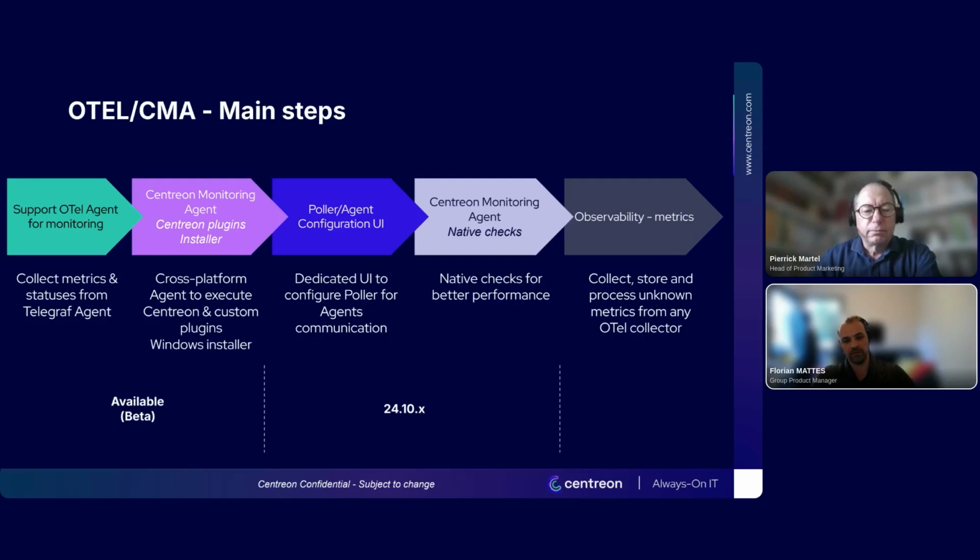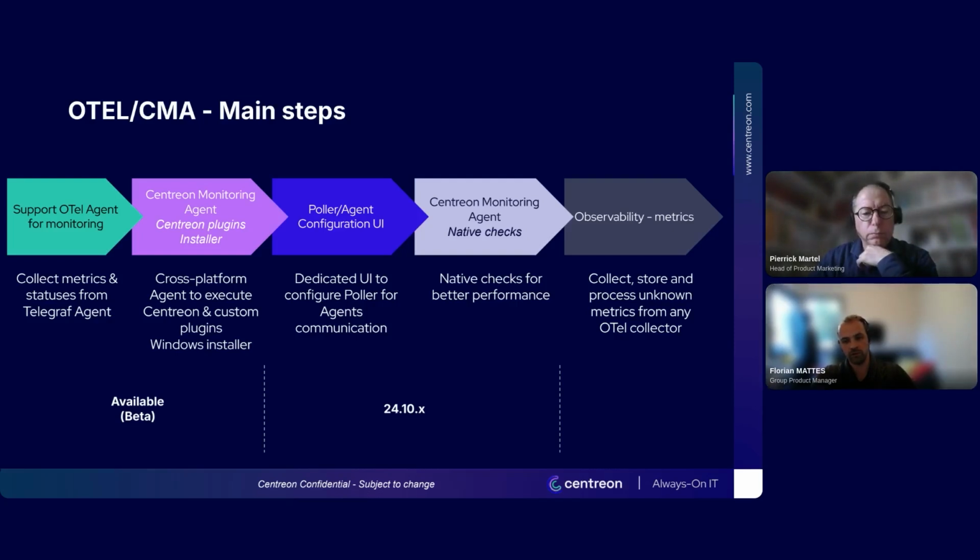And it allows us to enhance our agent to make a serious proposition of an agent which is not linked to the Centreon plugin, which is not linked to plugin execution, but is really a standalone agent with onboarded, included native checks, which can be executed with another system than Centreon if necessary.